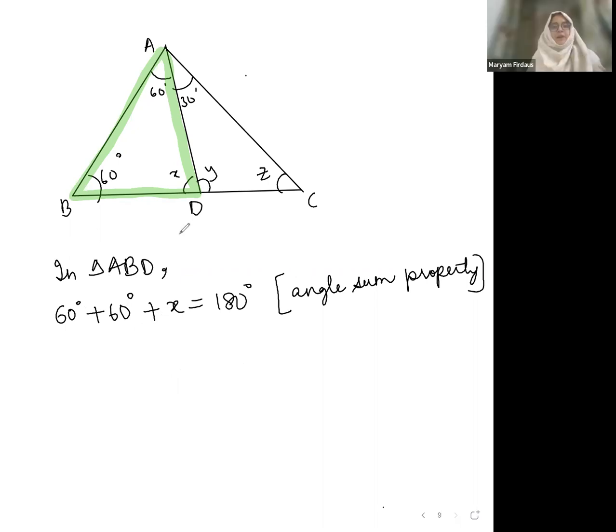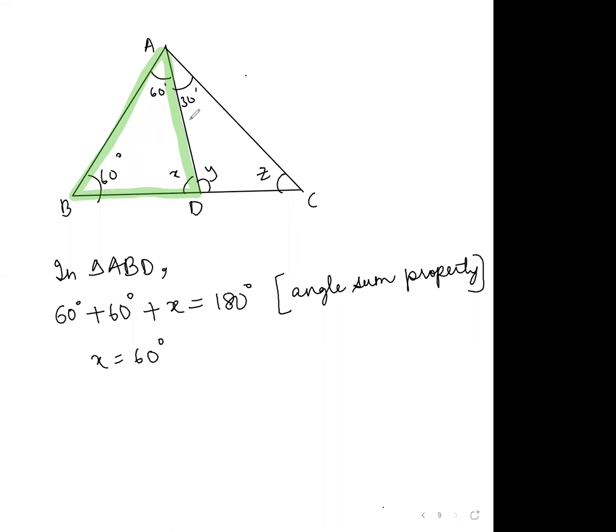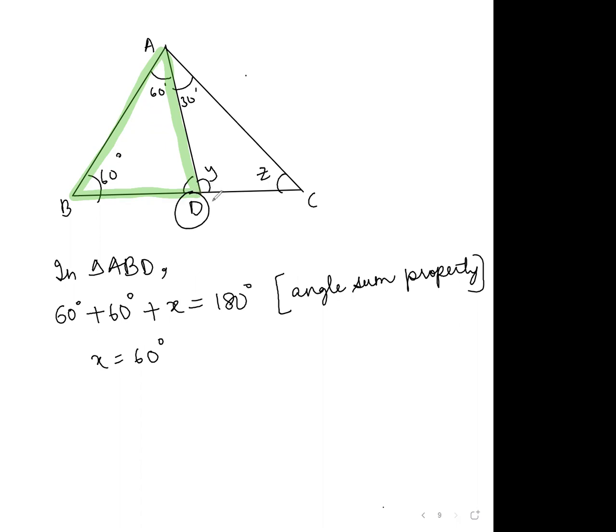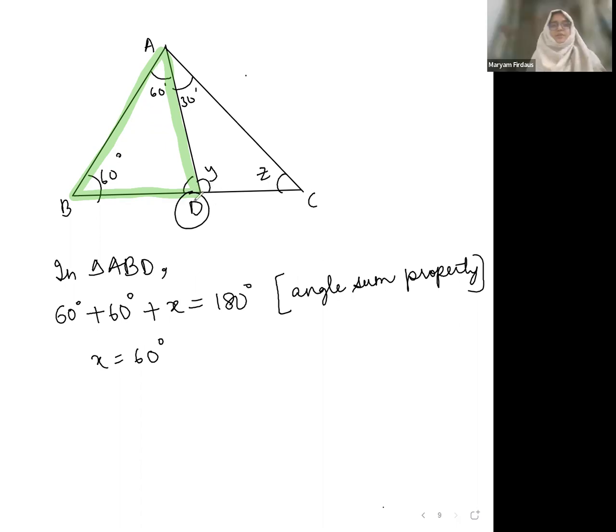Fine. So we have found X, which is 60. But what should we write if D wasn't there? D is anyway not given. We have just named it over there. It's up to us, because they haven't given a name, but we have to write a name.